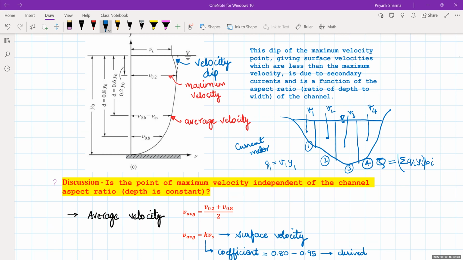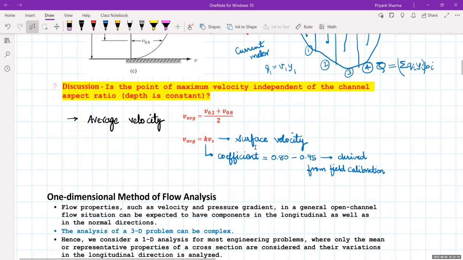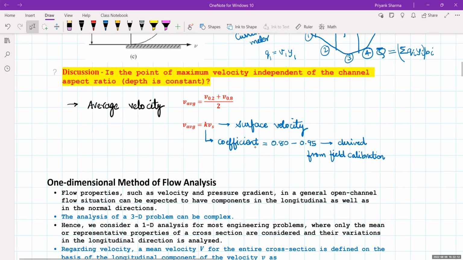Now let us say you don't have the average velocity, you have the surface velocity. There is again a relationship between the average and surface velocity. If you have a surface velocity, that is Vs, then the average velocity is 0.8 to 0.95 times the surface velocity. Usually surface velocity is measured using floats. There is a float method, and you compute the velocity with the help of distance traveled over time.